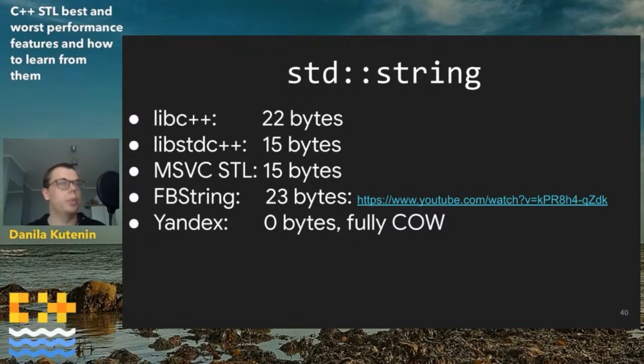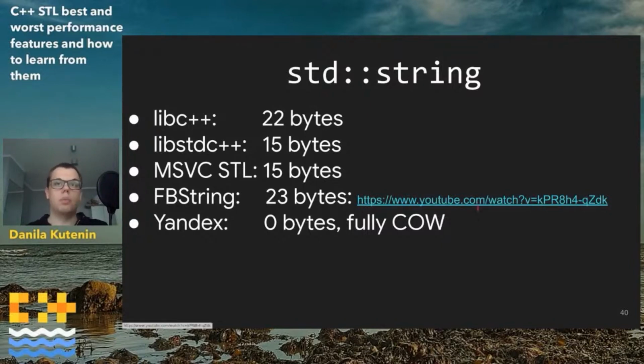In libstdc++, it optimizes 15 bytes, for a reason: to generate less code, because it stores the size in another register. So they decided to use fewer bytes. Microsoft STL uses 15 bytes. Facebook string is 23 bytes. Here is the link; when the slides are shared, you can look at what they have done to win the last byte. And where I worked at Yandex, there are 0 bytes. It's fully copy-on-write.